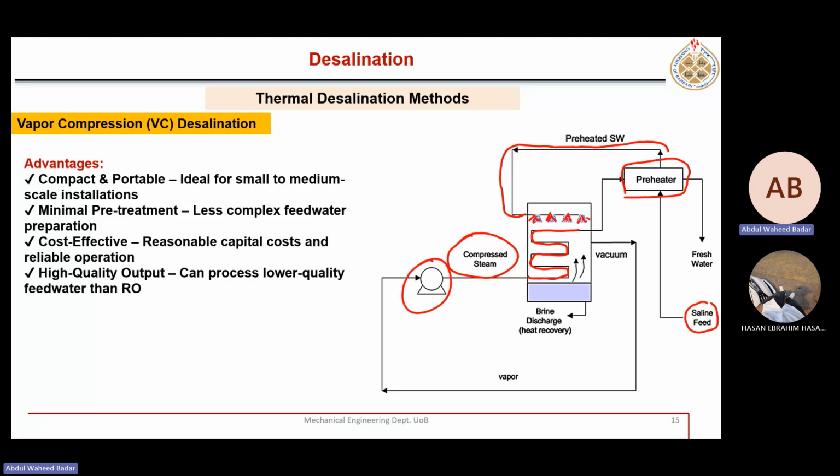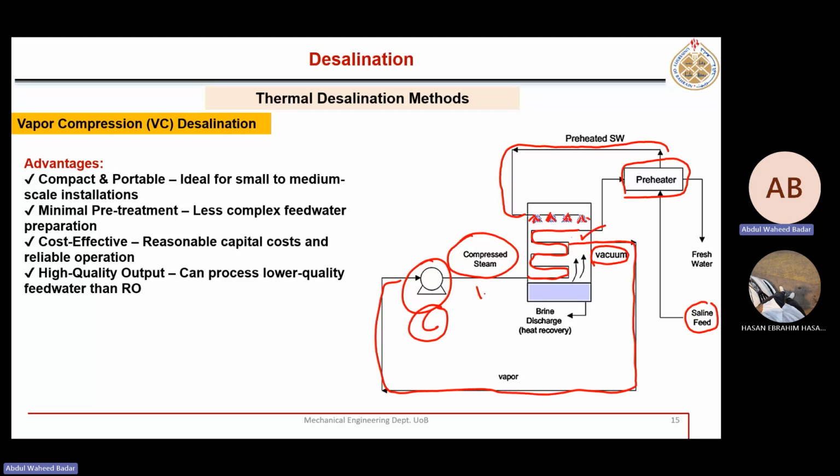So this seawater is sprayed over this coil, heated coil. And here we have some low pressure maintained in that vessel. A vacuum is created. So from this seawater, pure water vapor will evaporate, and that is flowing towards the compressor.